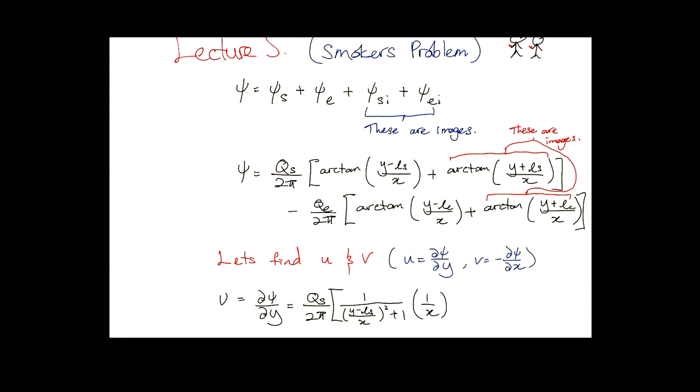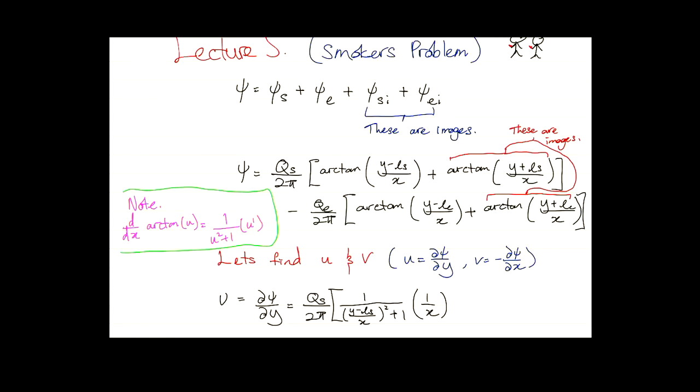I'm going to put a small note here. d over dx of arctan u is just equal to 1 over u squared plus 1 times u prime. That's all I've done, nothing fancy.